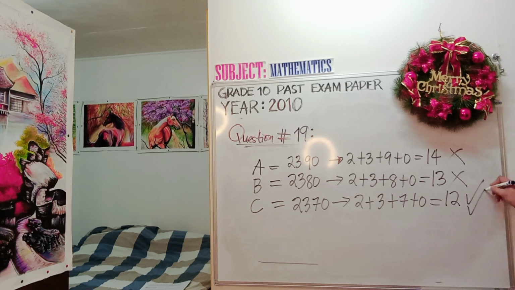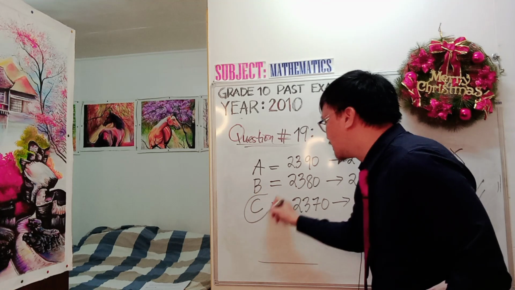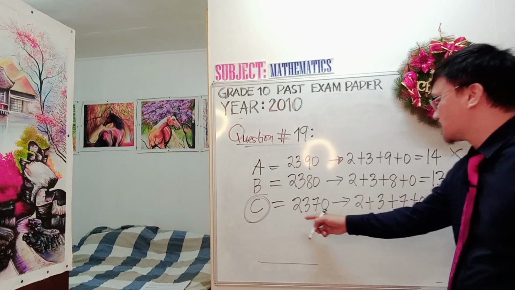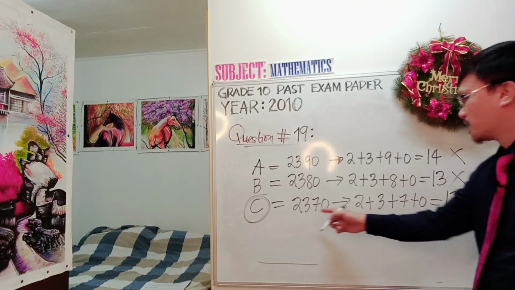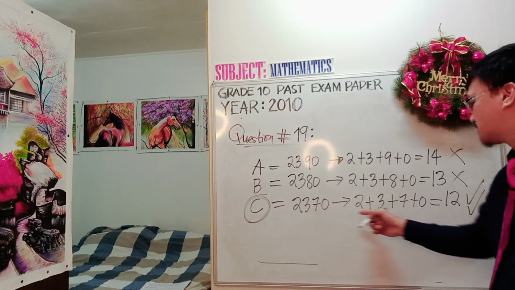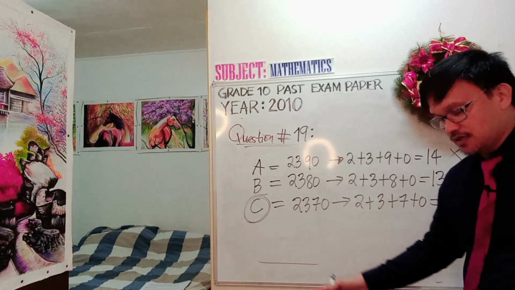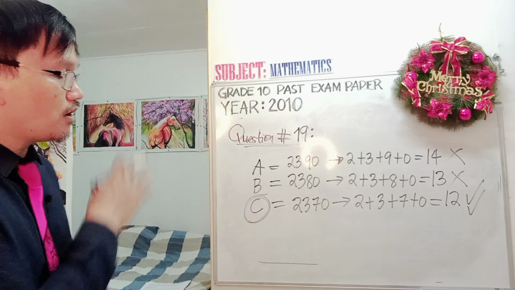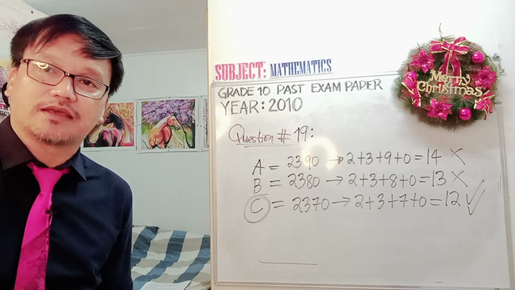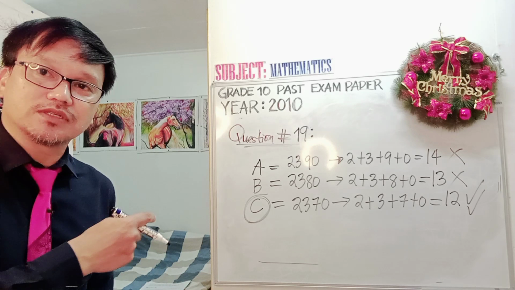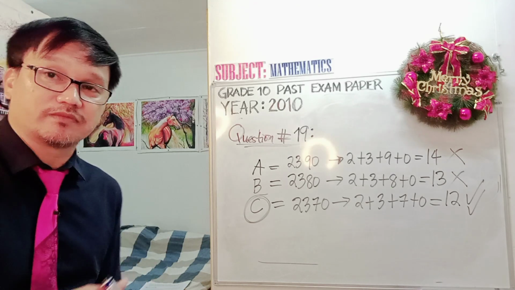So that means for letter C, we don't need to proceed to D and E, because it's telling us that 2,370 is divisible by 3, and therefore letter C is the option. Since all of the numbers are divisible by 2 and 5, our next concern is which one is divisible by 3.